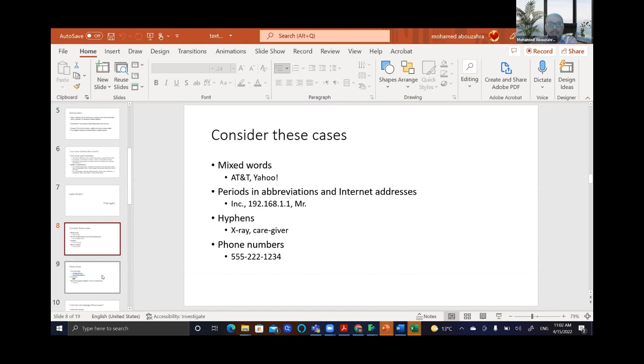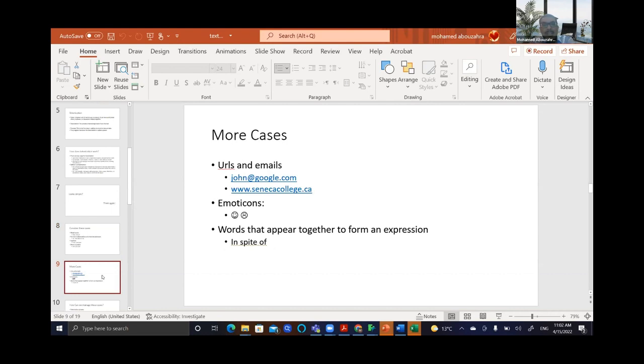Even harder, since we are using the internet, are things like emails and URLs with dots and at signs and so many other characters. How would a computer program understand that the dots in www.senecacollege.ca are part of the token? They are not separators, so I shouldn't get www alone and CA alone.